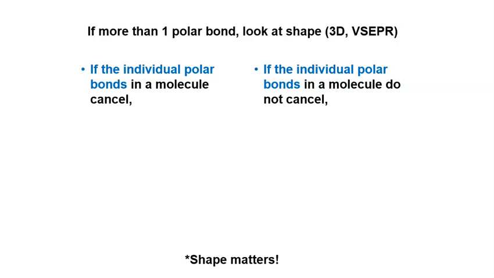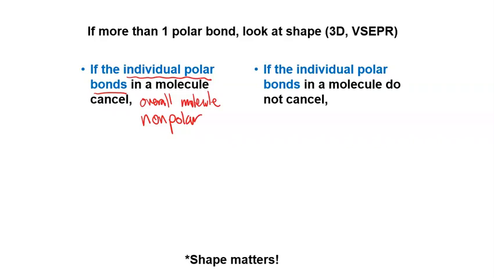So if there is more than one polar bond, then we have to see if those individual polar bonds cancel each other out, or if they don't cancel. If the individual polar bonds in a molecule cancel each other out, then overall the molecule will be nonpolar.